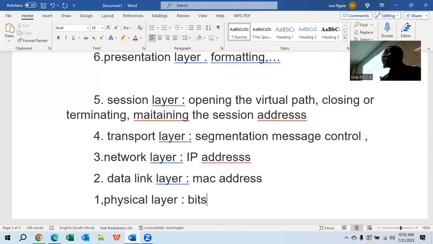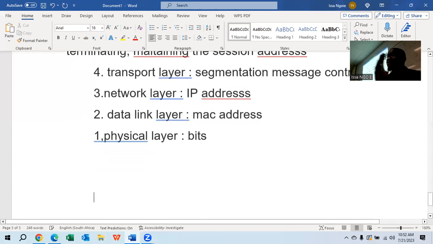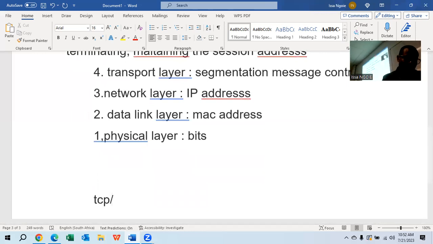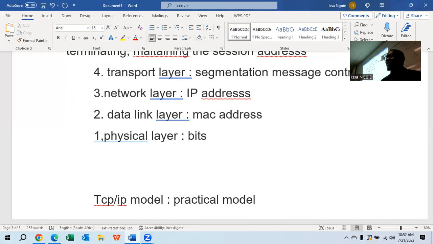Guys, now we're going to move to the TCP/IP model, because those two work the same way. The major difference between the TCP/IP model and the OSI model is that this one is a practical model, right?